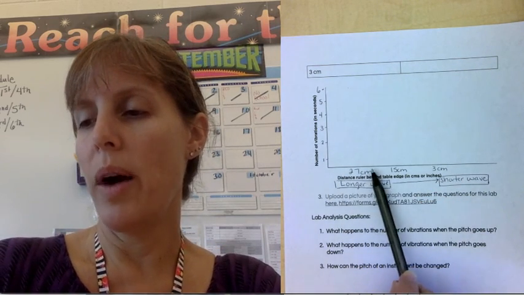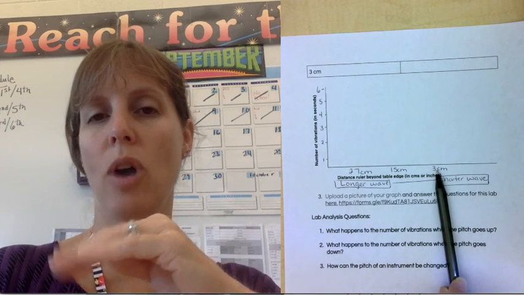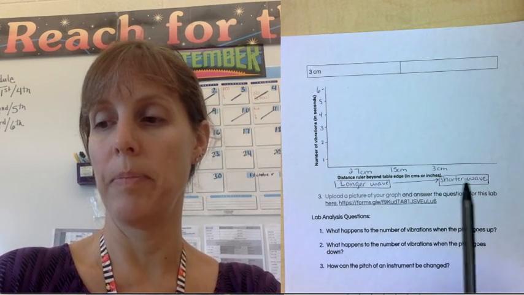If you have a 27 centimeter ruler off of the table, you're going to have a bigger wave, a longer wavelength. If you have it 3 centimeters off, you're going to have a short wave because you just have a short little amount off the table.